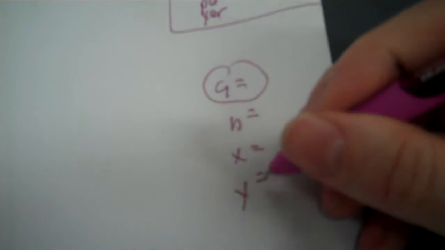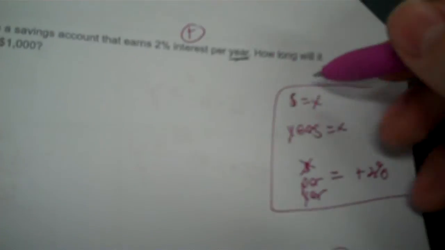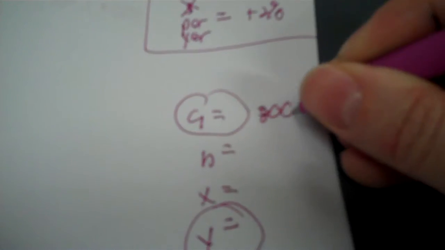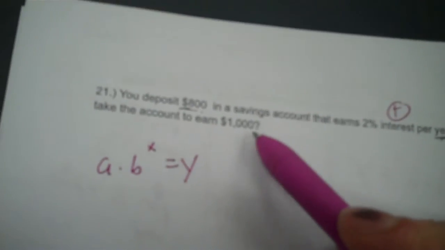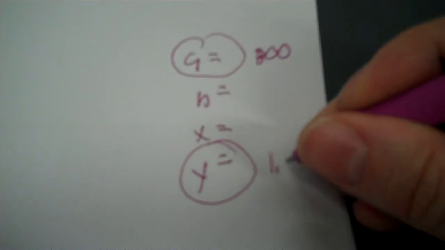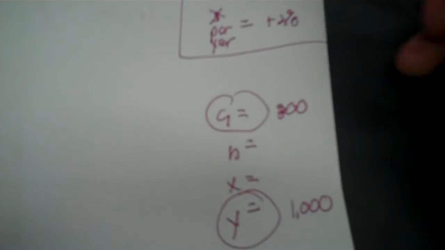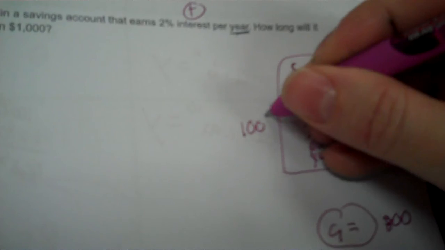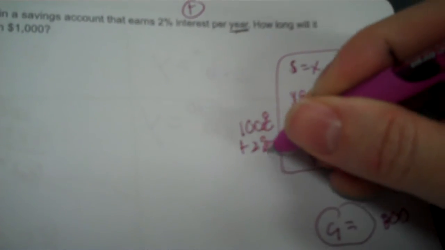Now a and y, we want to talk about those first because those are the same label. Y is dollars and a is going to be dollars first. So a is where your money began, which is 800. And the y is where the money ended, which we know in this problem is 1,000. Okay, now the b you need to find by taking 100% plus your 2%. The b is your percent.